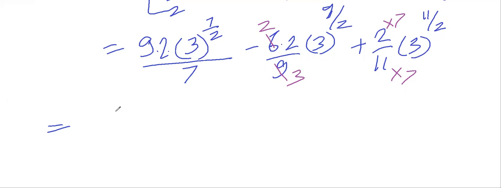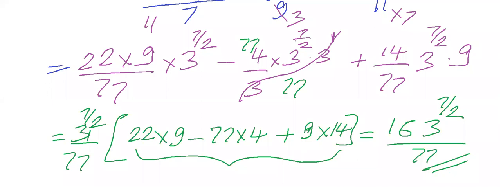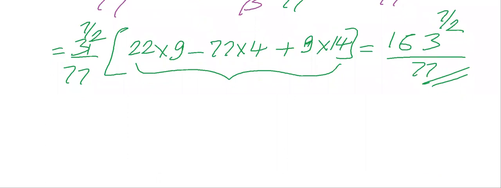Let me write it again. Just a minute. Okay, so we have solved this further, and the final answer you are getting is 16 times 3 to the power of 7 by 2, upon 77. So this is your final answer.